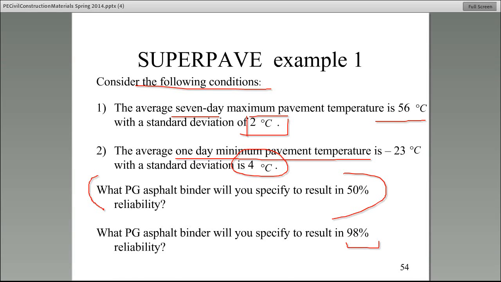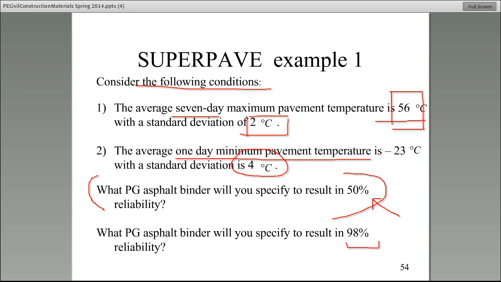All right, so let me show you how this is not difficult, so stay with me for a couple of minutes. If you want 50% reliability, this is what you do. On this same page, look at 56 degrees centigrade. On the high side, 56 degrees is the average 7-day maximum.